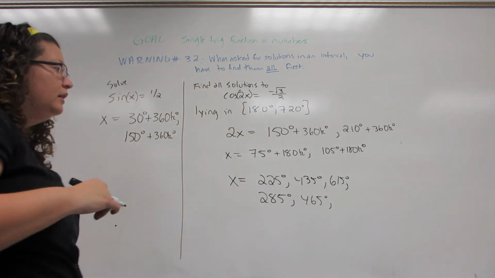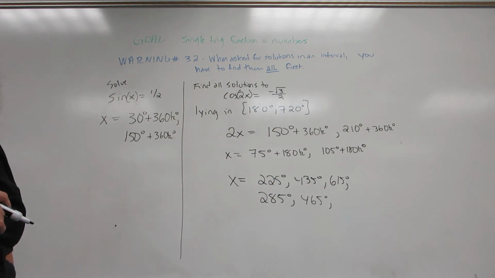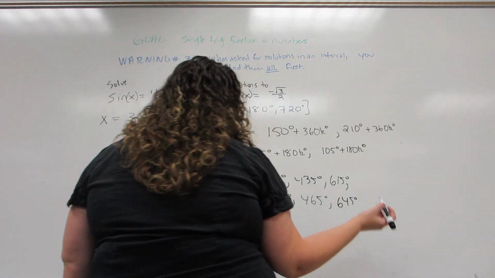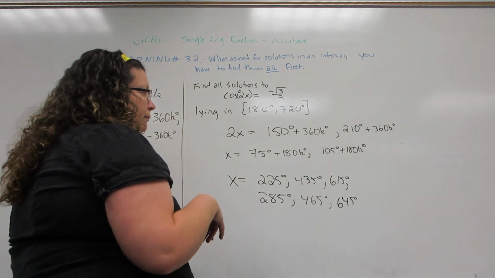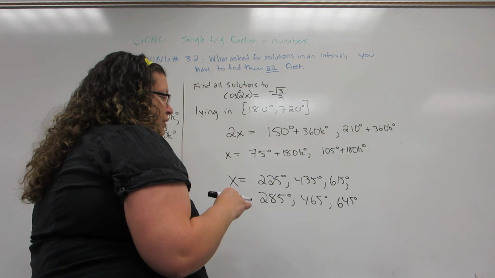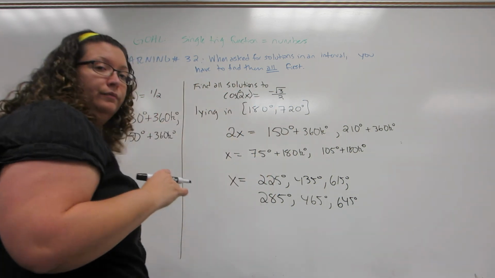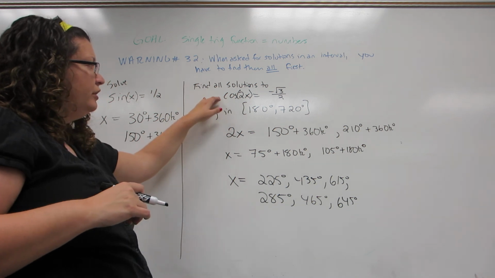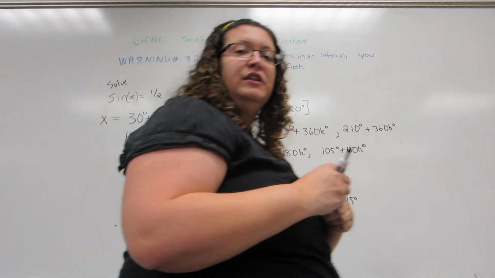I plug in k equals 3, I get 645, yes. I plug in k equals 4, okay, I get 825, no. Okay, so this is my list of all solutions to the equation that lie in that very specific interval.